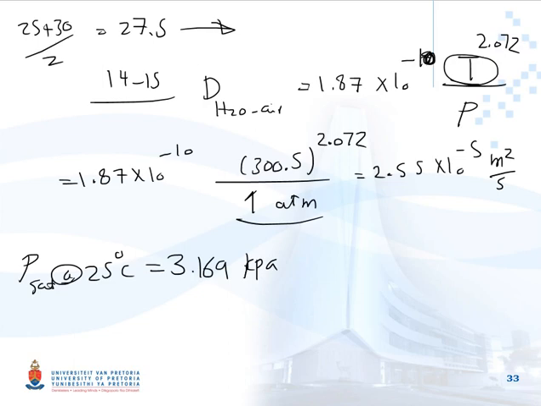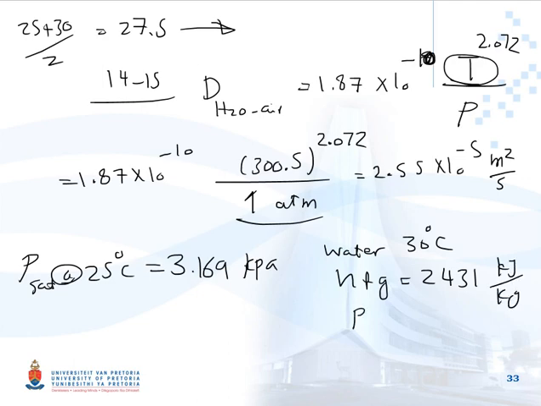And property of water at 30 degrees, so we read h_fg, it will be 2431 kilojoule per kilogram, and P_v is equal to 4.246 kilopascal. Okay, this one is from table A9.